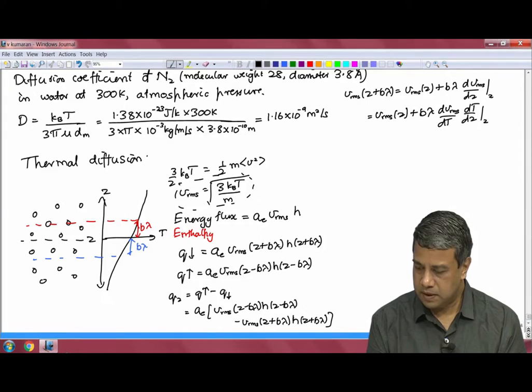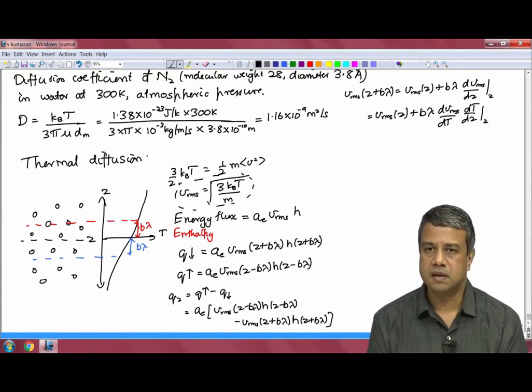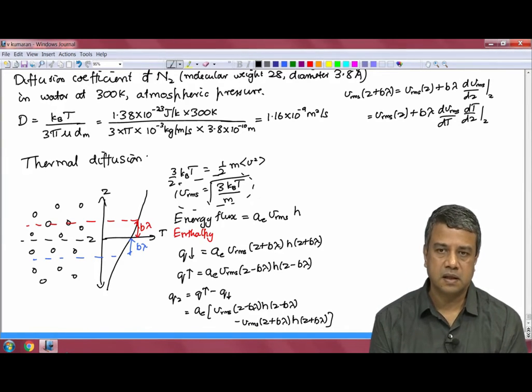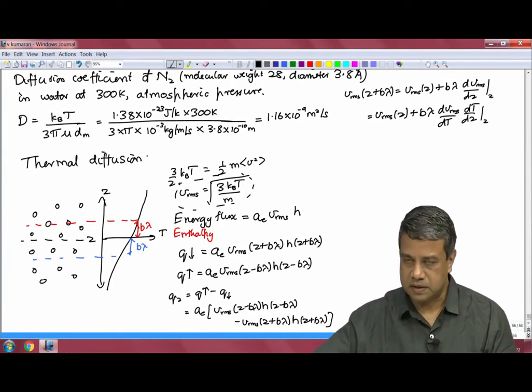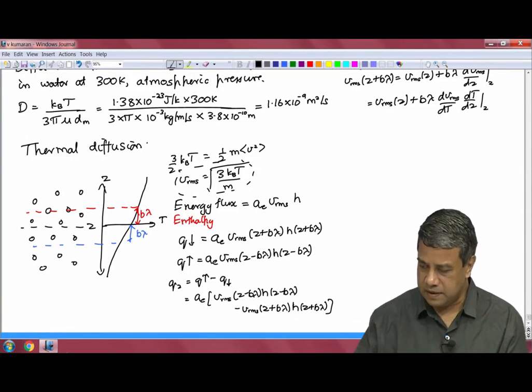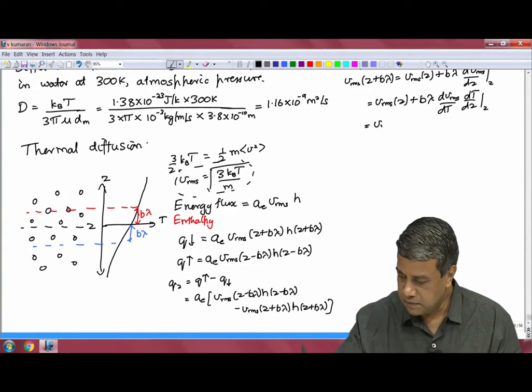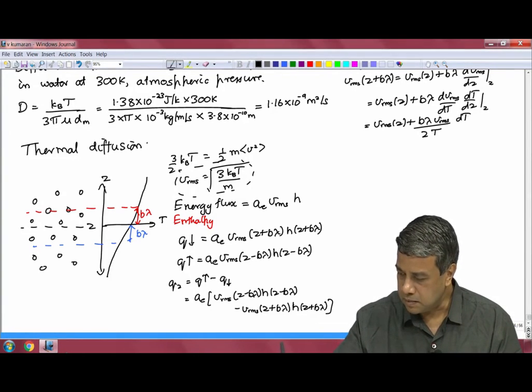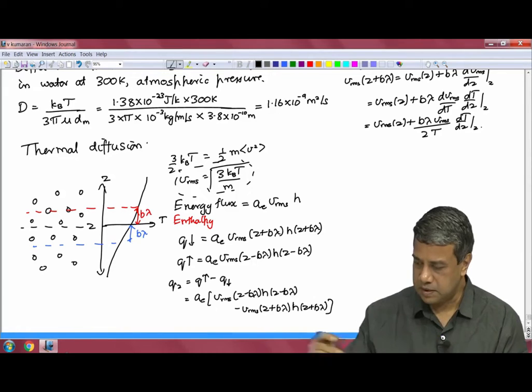And because the Boltzmann constant is a constant, the mass of the molecule is a constant, the variation in the root mean square velocity is only through the variation in the temperature with distance. And you can easily verify this. This will be equal to Vrms at z plus b lambda times Vrms by 2T dT by dz at z.